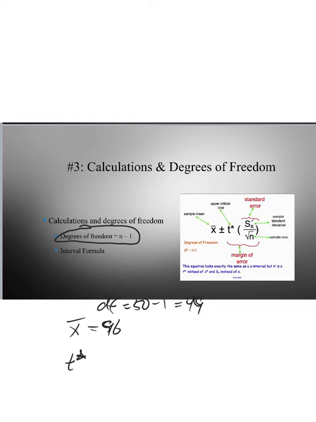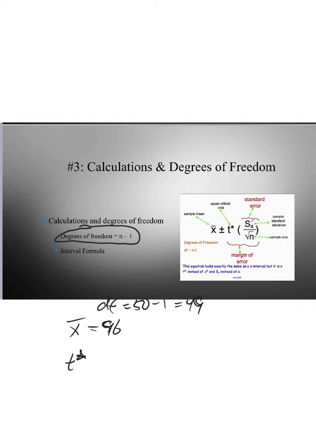Now, if you go to our chart, you will find that 49 degrees of freedom is not on the chart. Degrees of freedom are along the left side of the T chart, and since 49 is not there, we can't go back up to 50, because that's assuming accuracy we don't have. So we actually have to go down to 40 degrees of freedom.